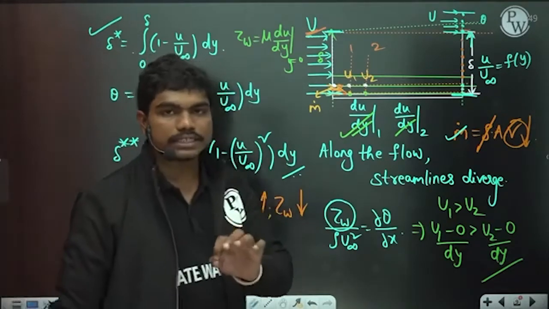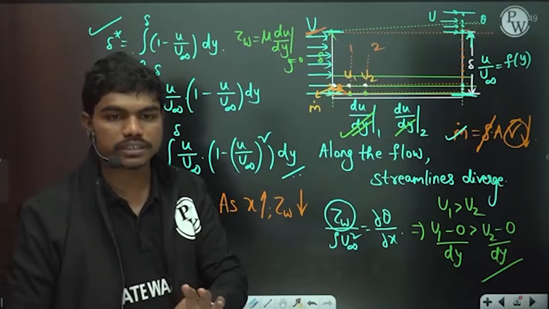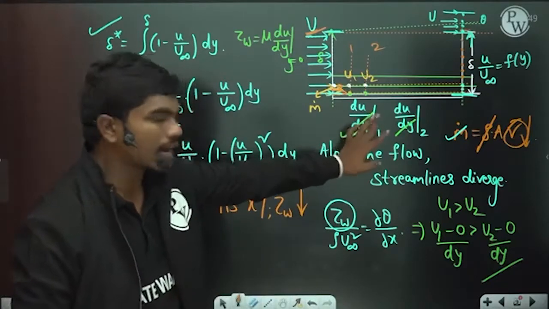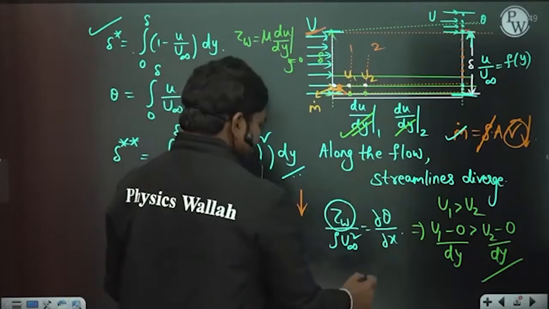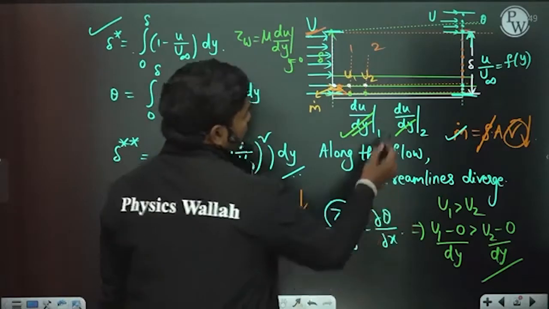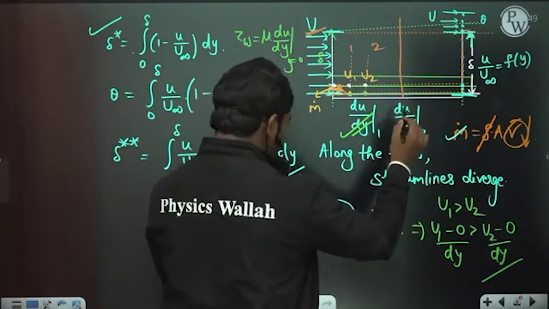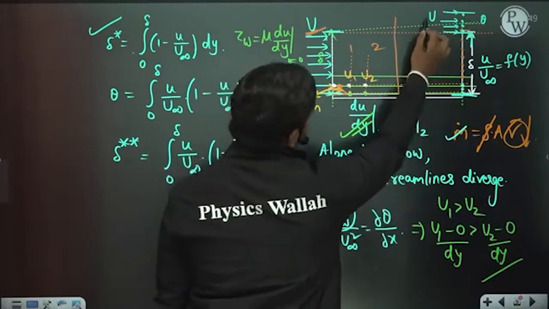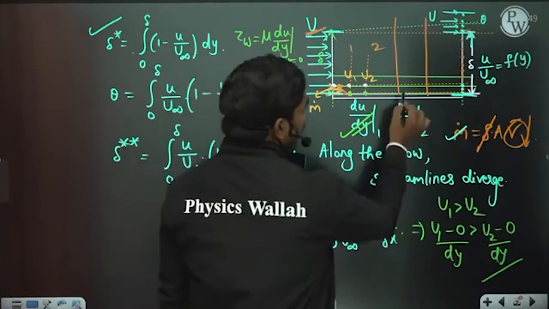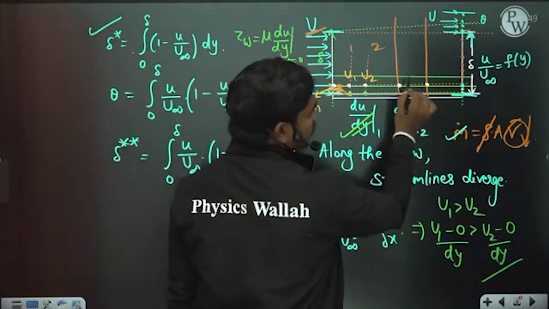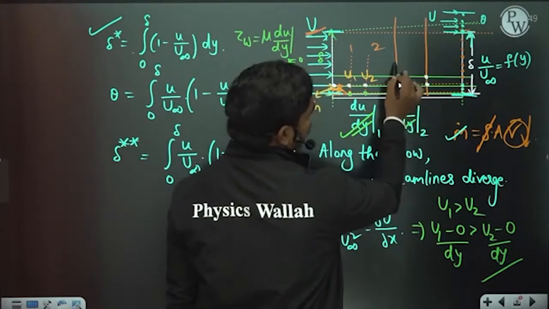I am explaining all these things without taking any mathematical equations into consideration; this du by dy is just what I have taken for understanding. Now if I take two sections here, first section and second section, the velocity here will be less compared to here, and less again compared to here.